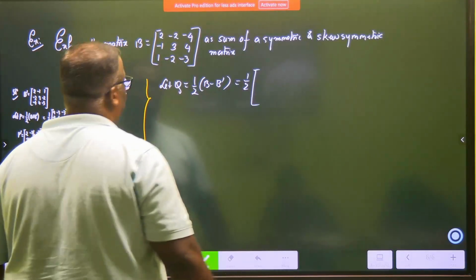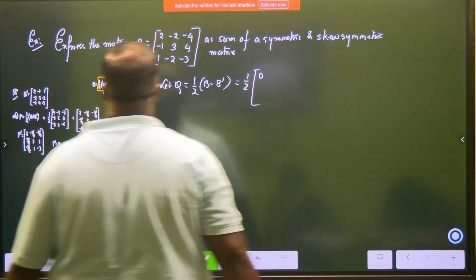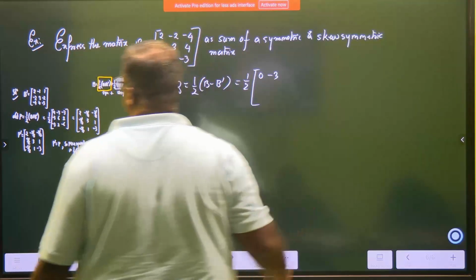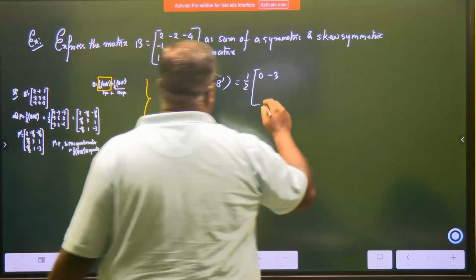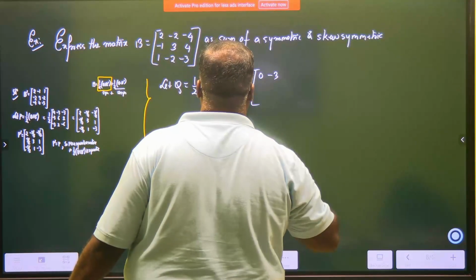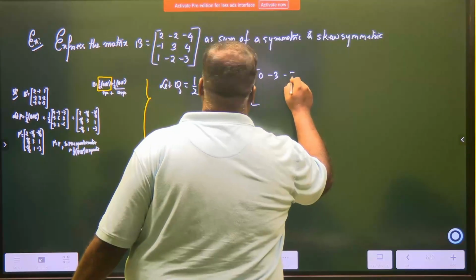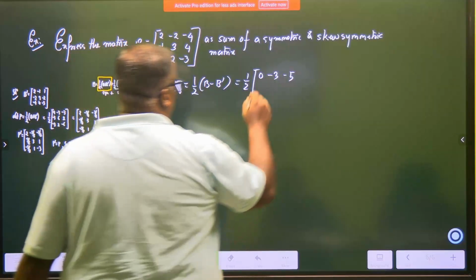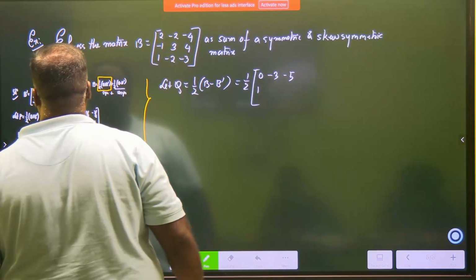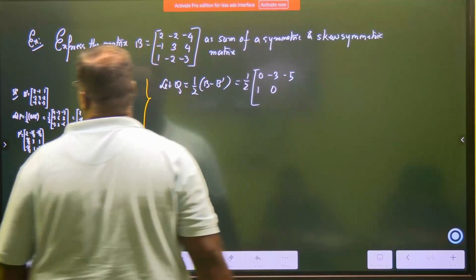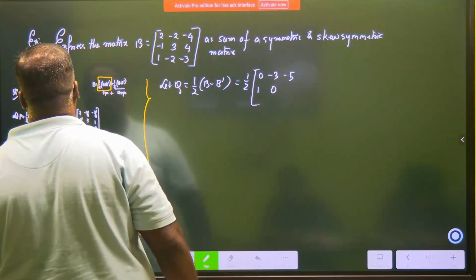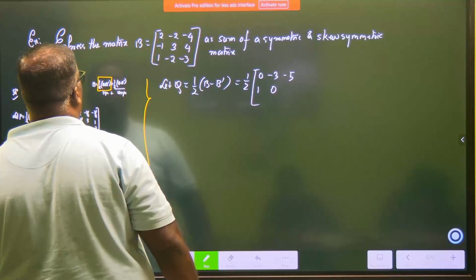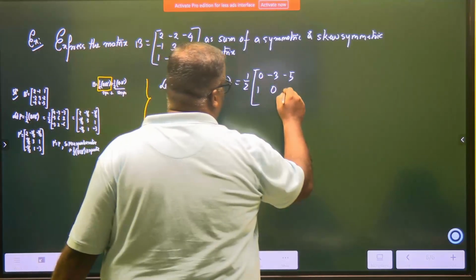B minus B prime. 2 minus 2 is 0. Minus 2 minus 1 minus 3. Then minus 4 minus 1 minus 5. Then minus 1 minus of minus 2, that is 1. 3 minus 3, 0. Skew symmetric means diagonal you will get 0. And 4 plus 2 will give you 6.